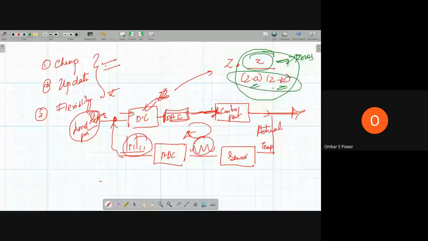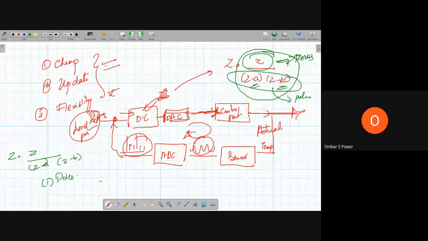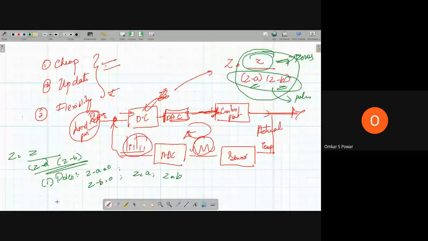For example, you have Z by (Z minus A)(Z minus B). If you ask what are the poles in this one, for poles you have to make the denominator equal to 0. So Z minus A is equal to 0 and Z minus B equal to 0. So we have poles at Z equal to A, comma, Z equal to B. Second thing, zeros: you have to equate the numerator equal to 0. So you have a zero at Z equal to 0.